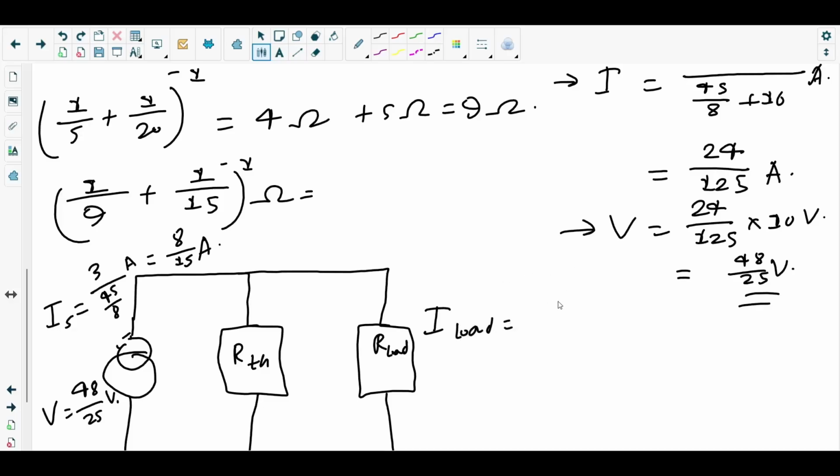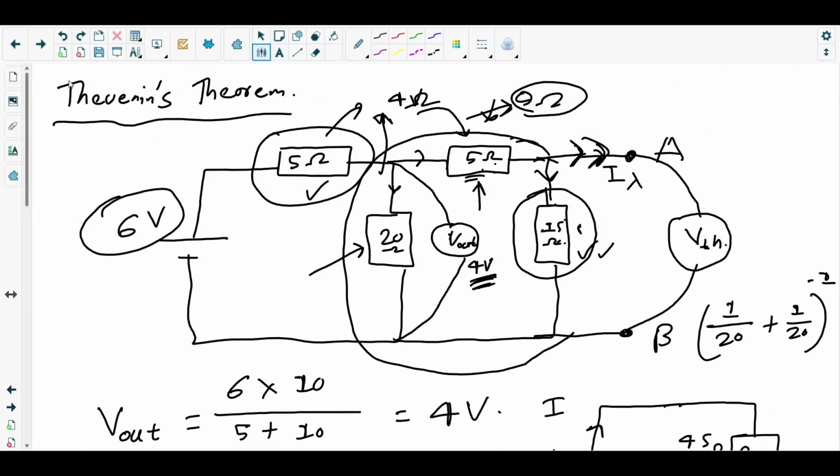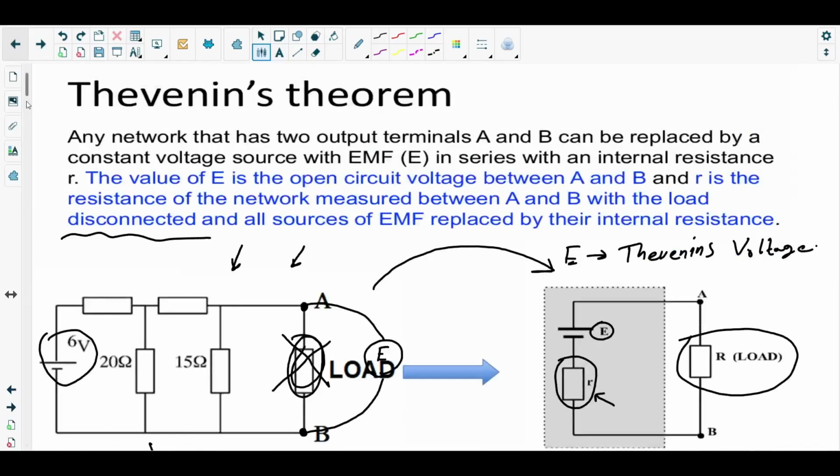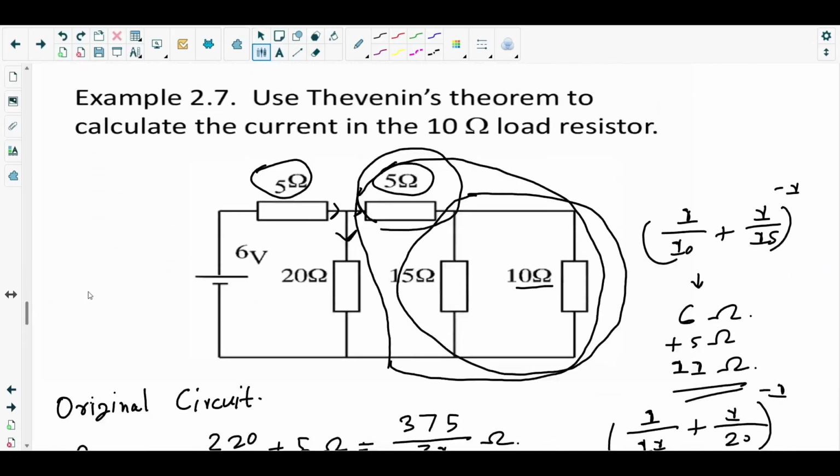I equals V over R. So 48 over 25 divided by 10 is 24 over 125 amps. Same. Done. So that's the end of the second example from Thevenin's and Norton's theorem.